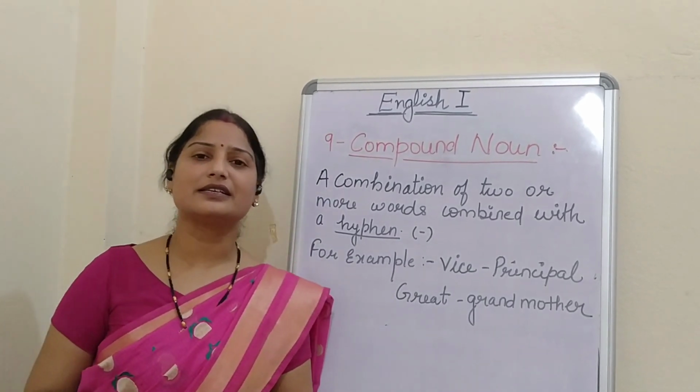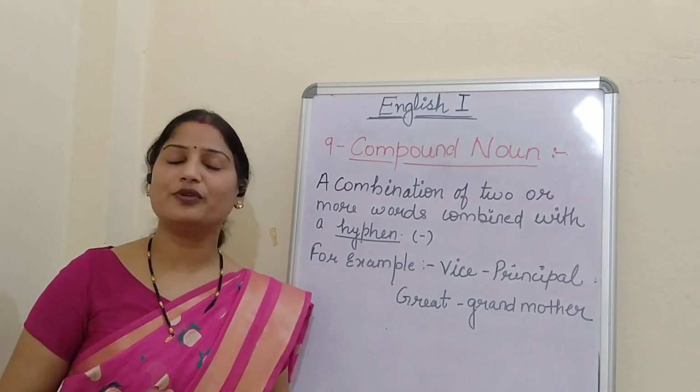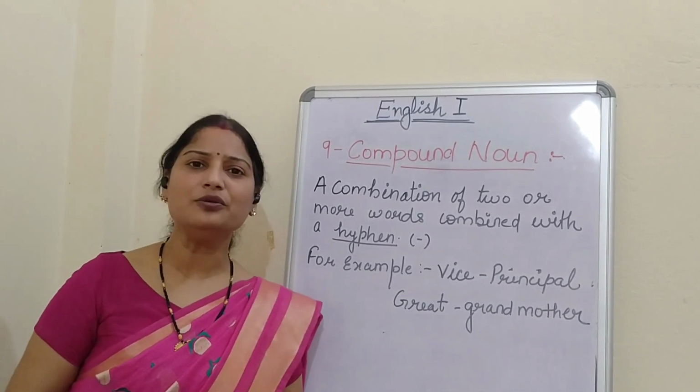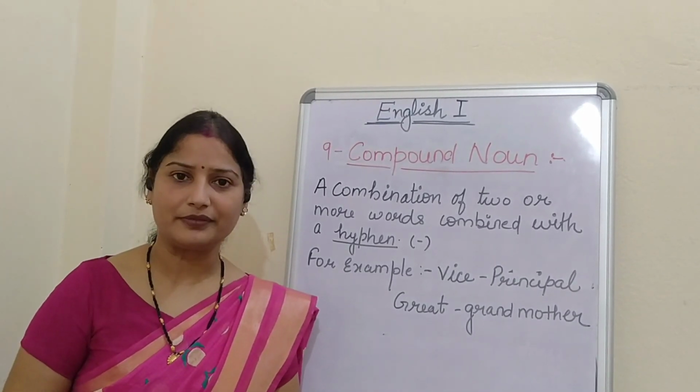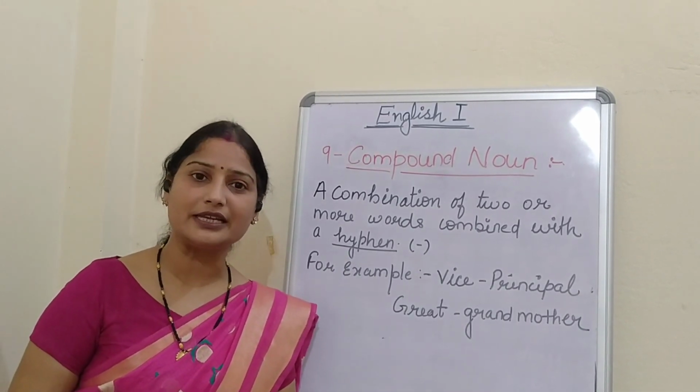Let me summarize everything we have studied till now. First, we studied the definition of noun, and I told you that noun is a naming word. Then we studied the different kinds of noun in detail.